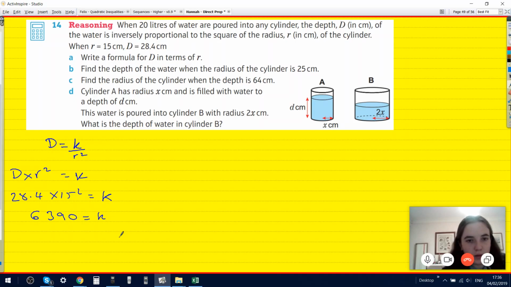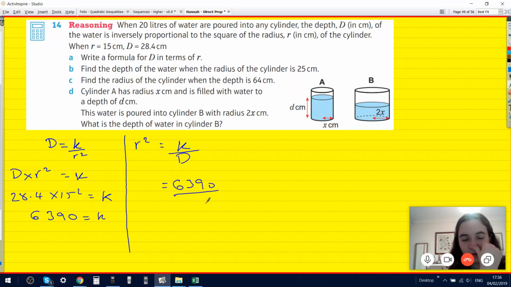And then r squared equals k over d, which is 6,390 over 64.